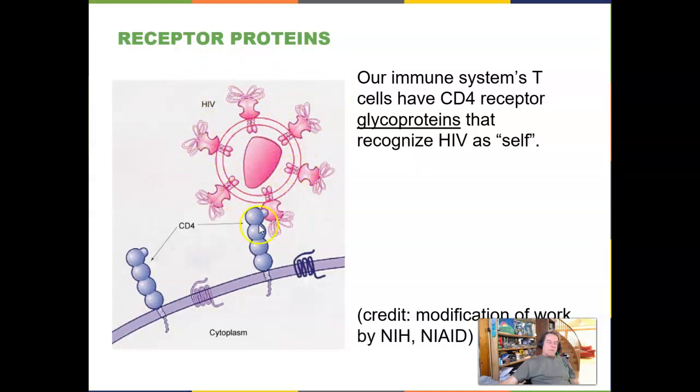Anyway, those viruses have to interact with a receptor protein, which mistakenly, well, on purpose from the point of view of the virus, but by mistake from the perspective of the cell, induces the cell to invaginate in this location, receptor-mediated endocytosis, and that's how a lot of viruses get into our cells. So these are CD4 receptor proteins that are part of our identification of self.